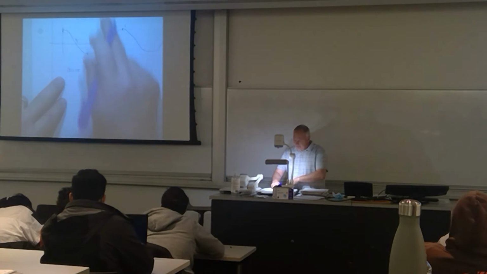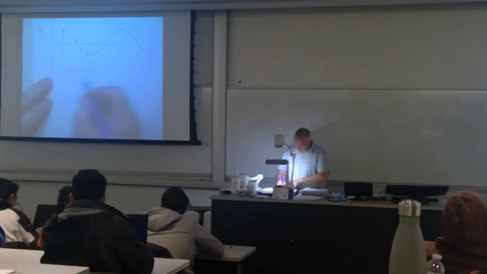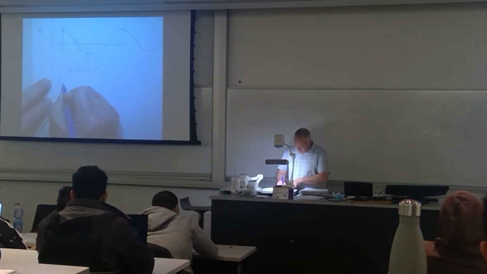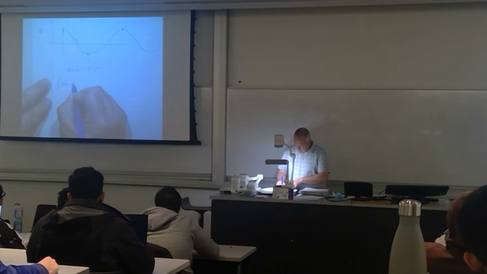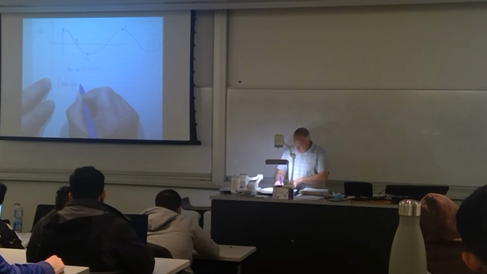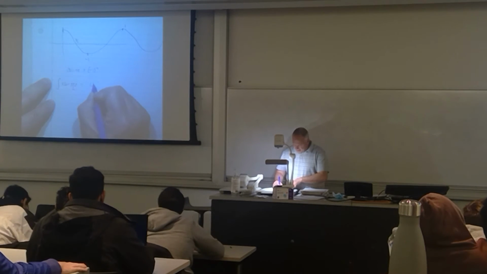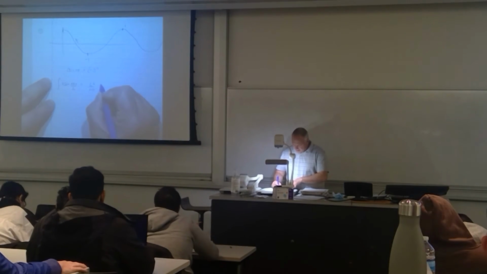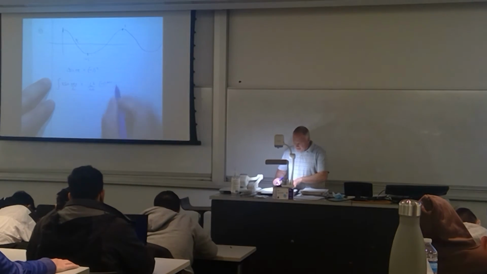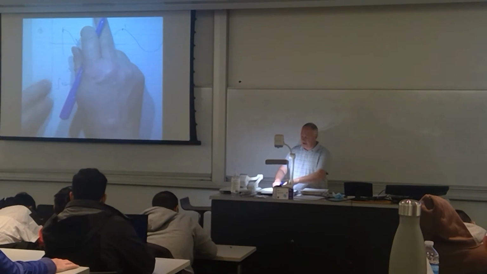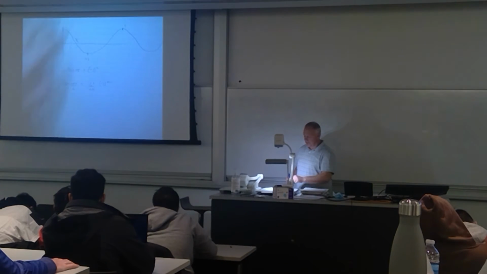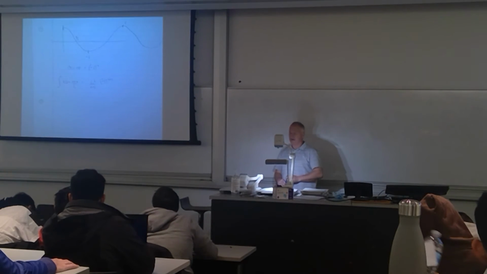Which means that this thing here, so the integral here, let's go back, integral x sine n pi x over L. So I've got a minus there, so I'm going to absorb that. I'm going to get L squared over n pi times minus 1 to the n plus 1, because there was a minus sign here. So I'm going to absorb that and make it into a plus 1.